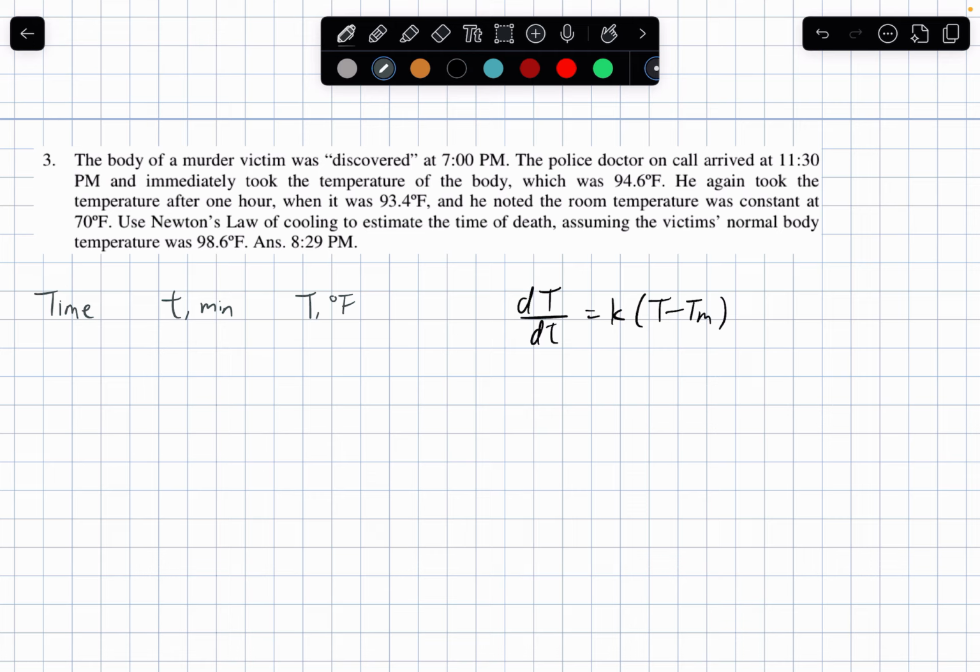The body of a murderer was discovered at 7 p.m. Next time is 11:30. At 11:30, the temperature was taken.